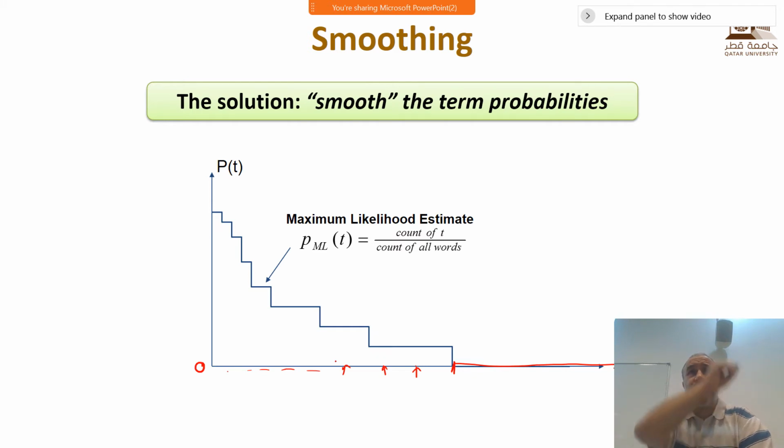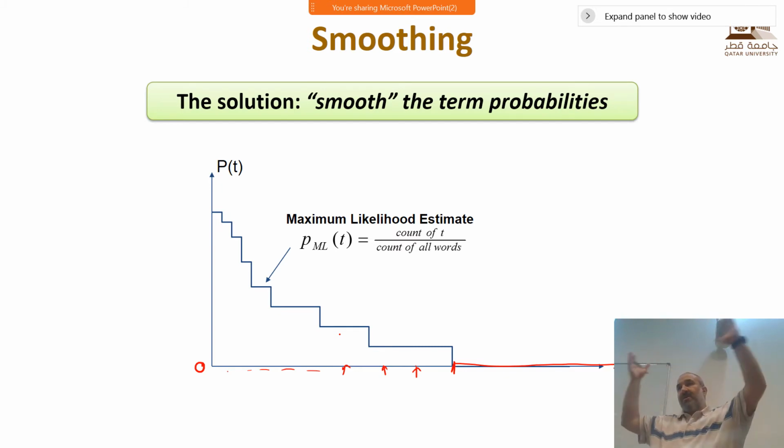Yeah, because it's a probability distribution over all terms. All of these have zeros, so the sum of the probabilities here is 1, right? The idea that we said earlier is that we want to give some non-zero probabilities to the unseen words. If we do that, of course, the overall probability at the end should still be 1.